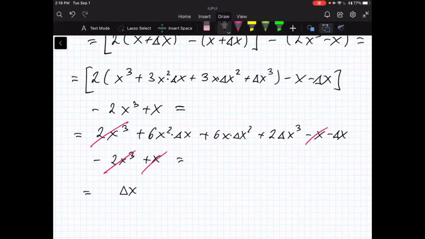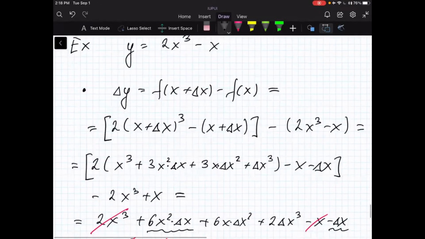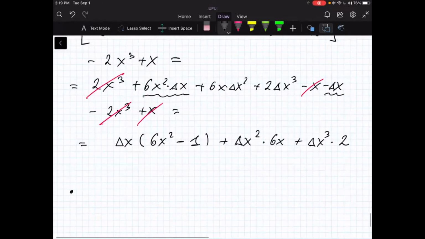So I have delta x times 6x squared from this term, and I have delta x here, so it is minus 1. Then I have delta x squared times 6x, and I have delta x cubed times 2. So this is my first step. Second step is delta y over delta x. So it's my expression that I found on the previous step.